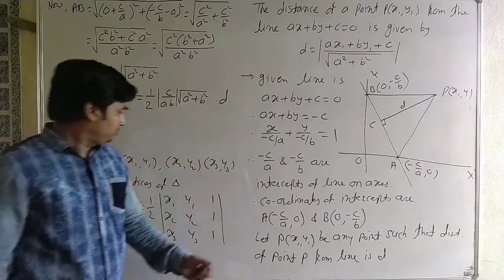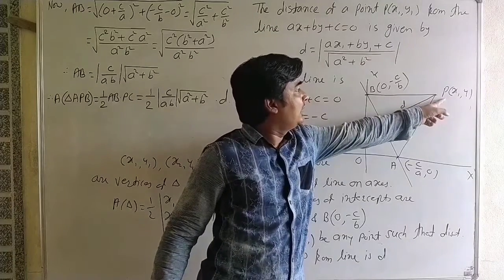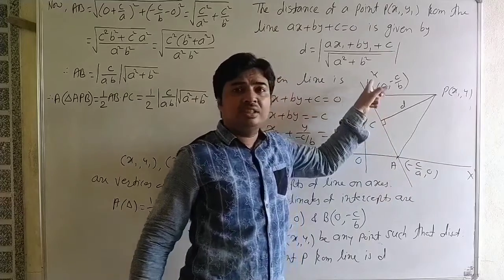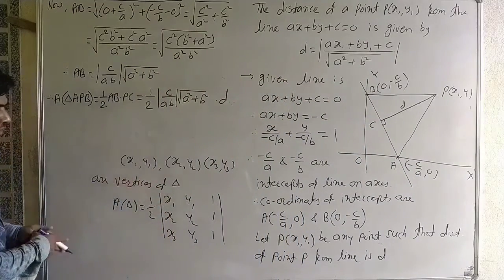Okay, now here it is P point x1 y1. Okay, then x2 y2 and it is x3 y3. Okay, see the formula of the area of triangle.